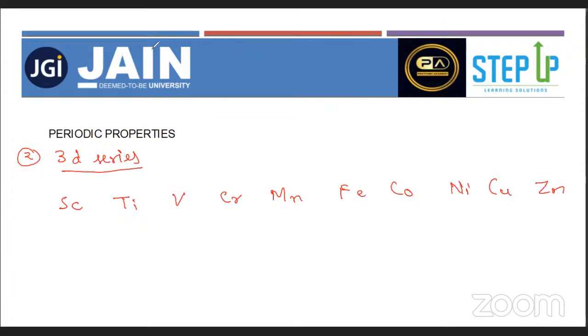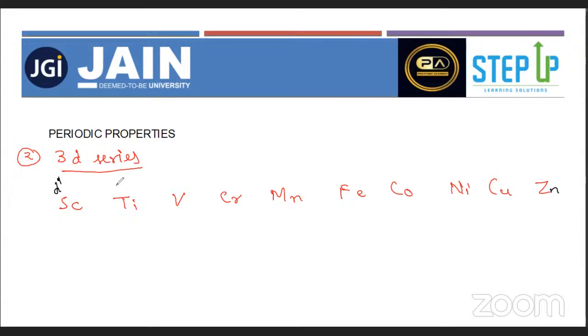Now, this is 21, so this is basically 3d1. This is 3d2. I am just writing 3d1, 3d2. So this is nothing but zinc.